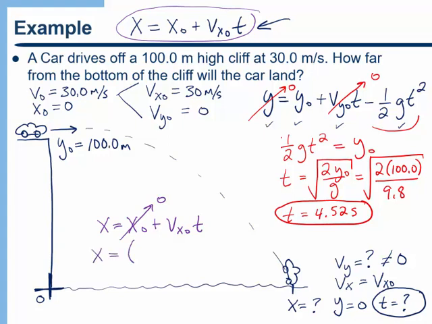So vx naught is 30, and t is 4.52, and I find that the car traveled a distance of 136 meters. So that's how far our driver will have to swim to get back to the bottom of the cliff.